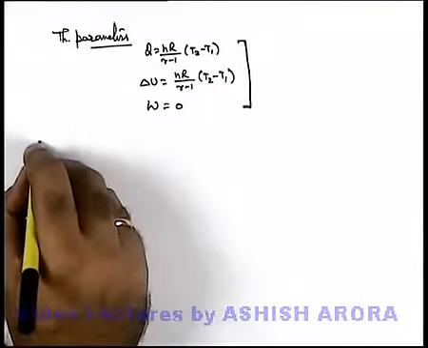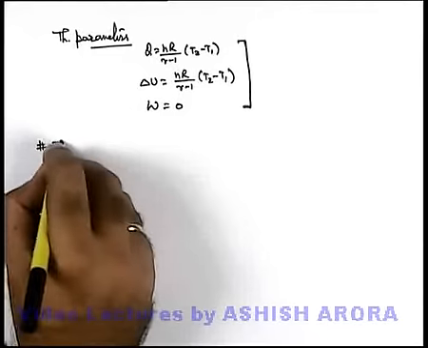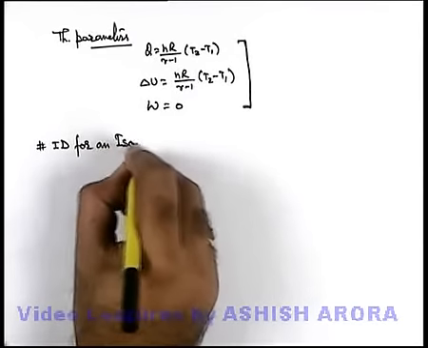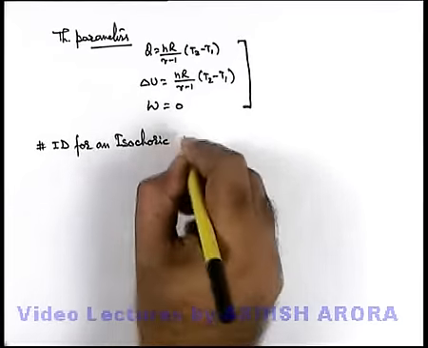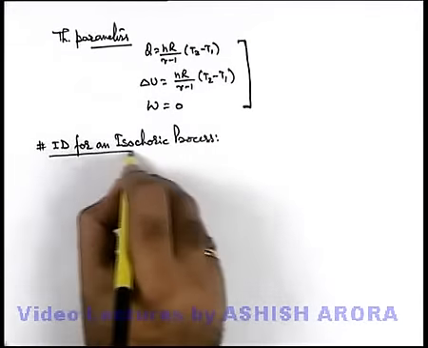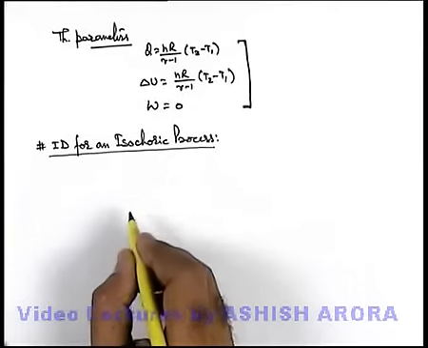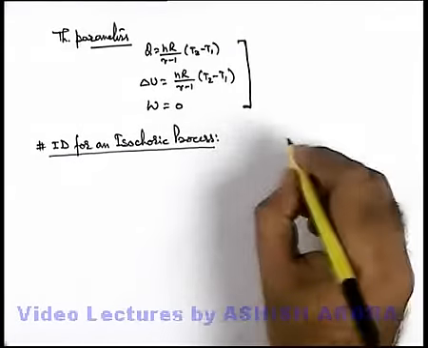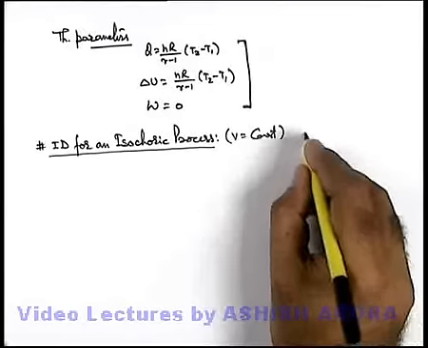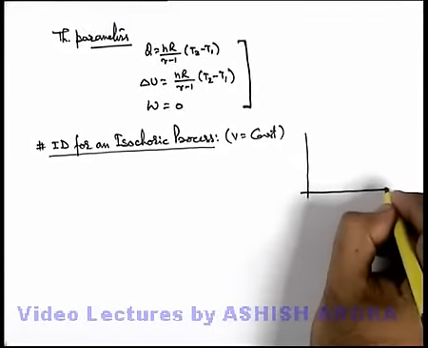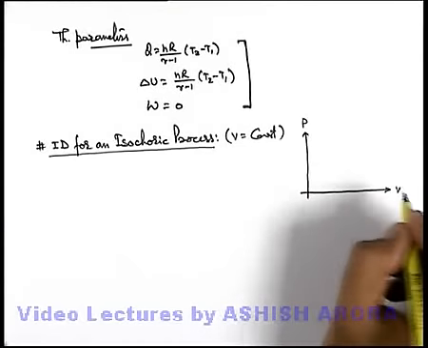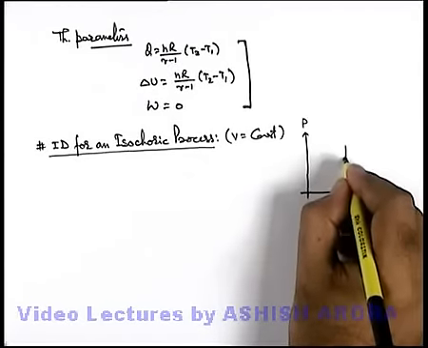If we just analyze the PV diagram for an isochoric process, that also you should understand very carefully, because there are many applications of the PV diagram for an isochoric process. As volume is constant throughout the process, a simple PV curve can be plotted for an isochoric process, which is a vertical straight line.